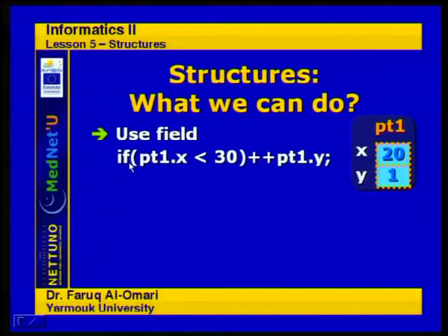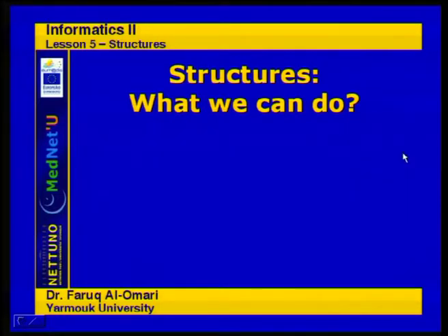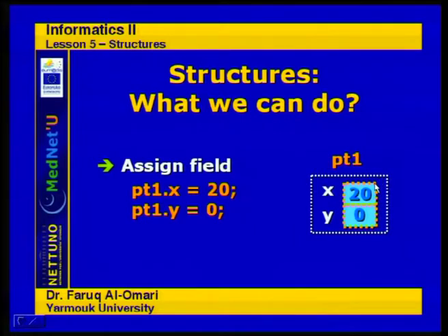So in this statement, I'm saying if the x component of the pt1 structure is less than 30, then I would like you to increment the y component. In our case, x was 20, as we have seen in the assignment statement we made earlier.